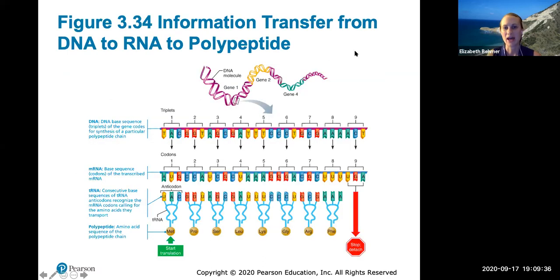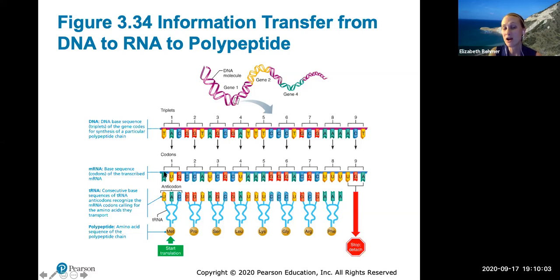So here's a look at how information is transferred from the DNA to the RNA and eventually to the polypeptide. So here is a DNA sequence. And again, the T stands for thymine, A stands for adenine, C stands for cytosine, and G stands for guanine. And this just shows you how the base pairs will be paired together. So this will be an mRNA strand that is created from that DNA strand.